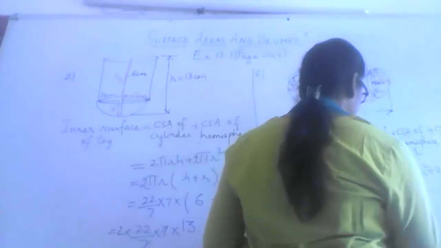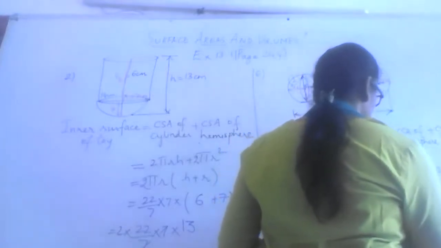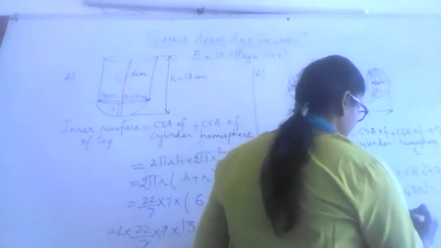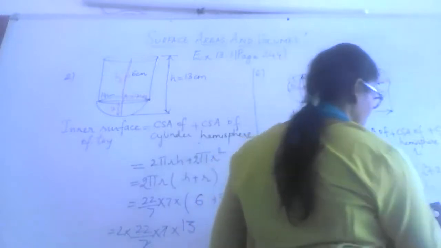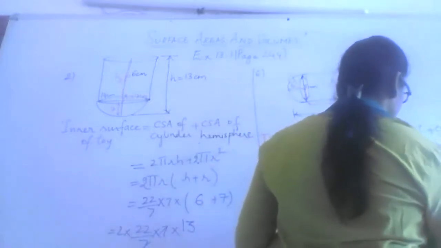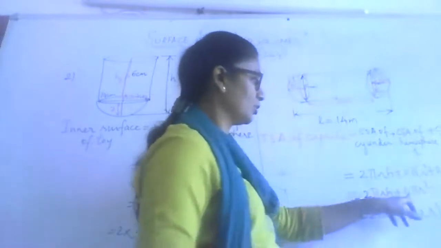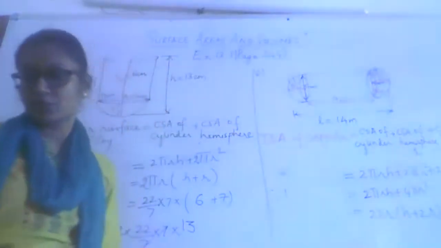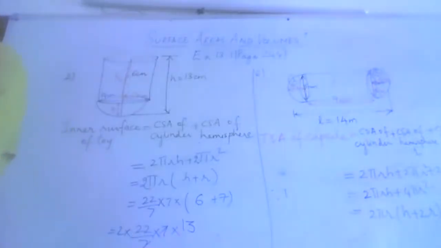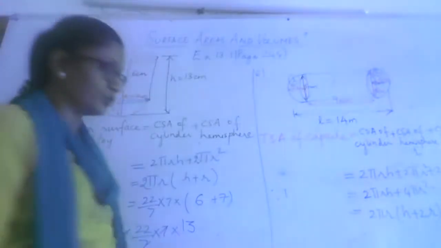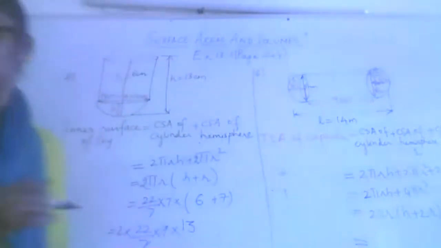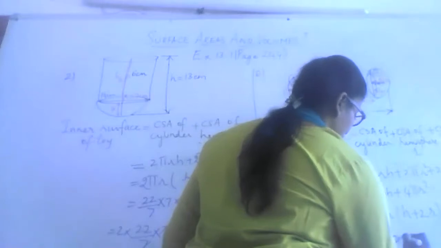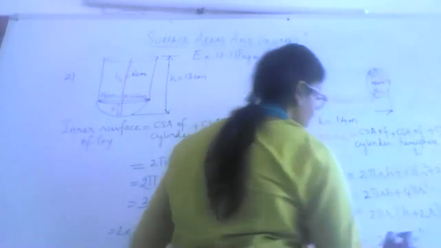The 2 pi r is a common factor, so that will be h plus 2r. Just substitute for r and h. Your final answer, the total surface area of the capsule, should come out to be 220 millimeters square. Simplify this and see if you are getting 220 millimeters square.